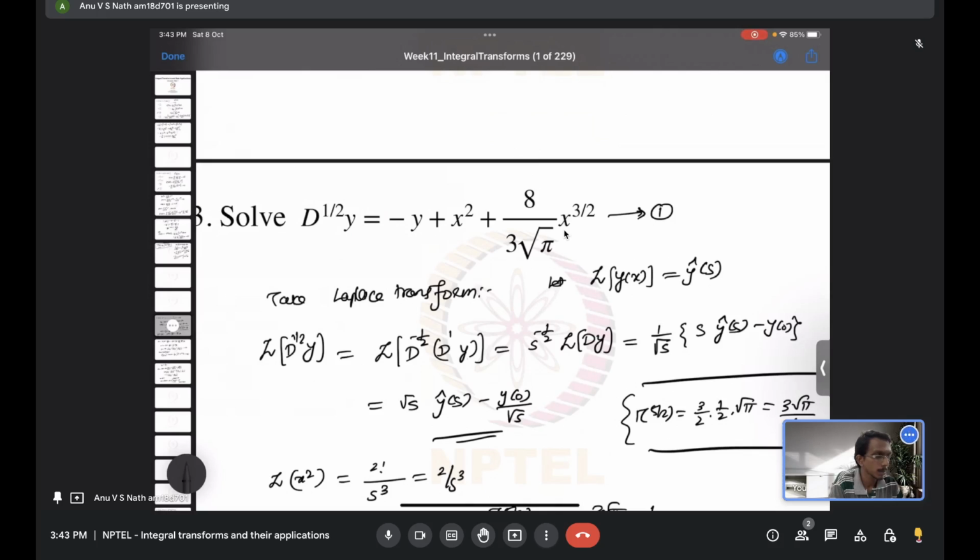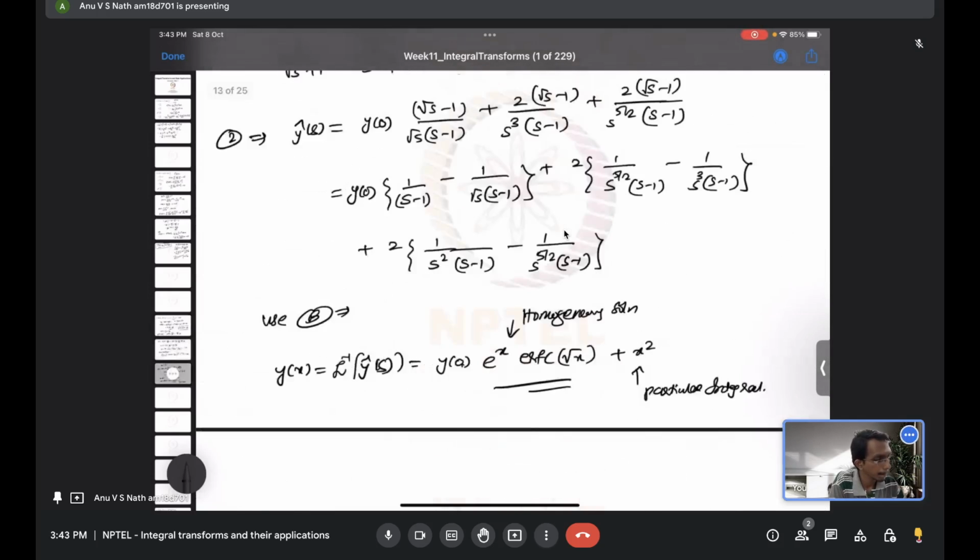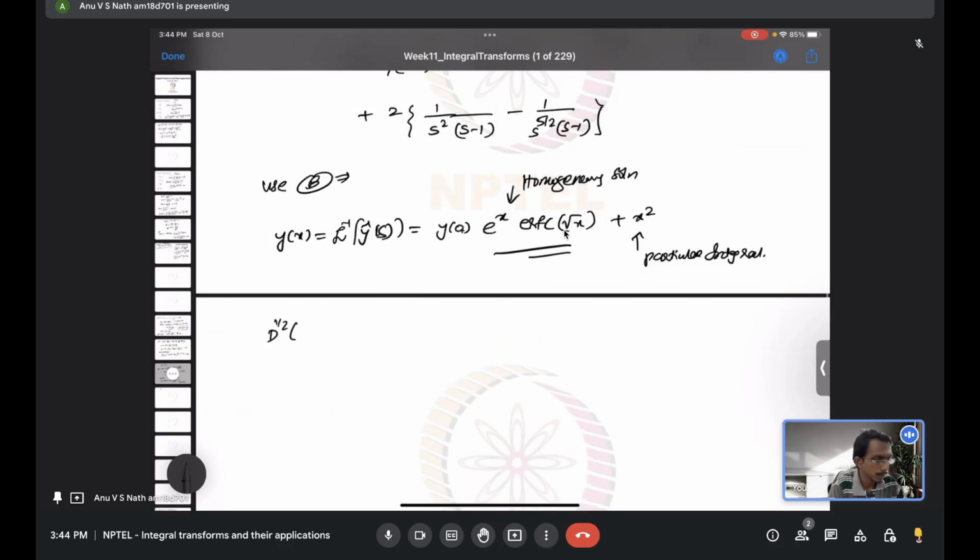Basically for x square, it's a particular solution, so it's easier to check. You can take the half derivative of x square. So you are checking d raised to half of x square, which from the Lacroix formula is gamma of 1 plus 2, which is 3, by gamma of 3 minus half, which is 5 by 2, then x raised to 2 minus half, which is 3 by 2.